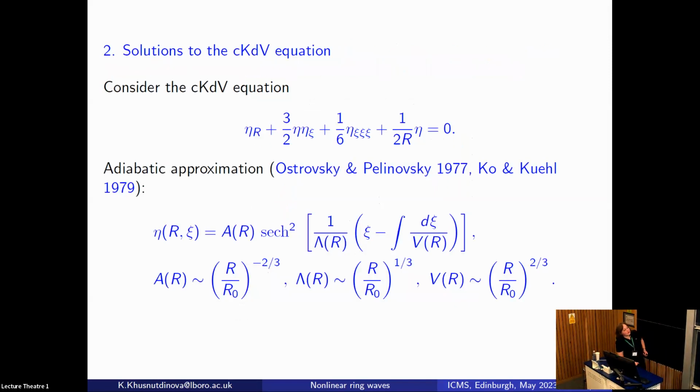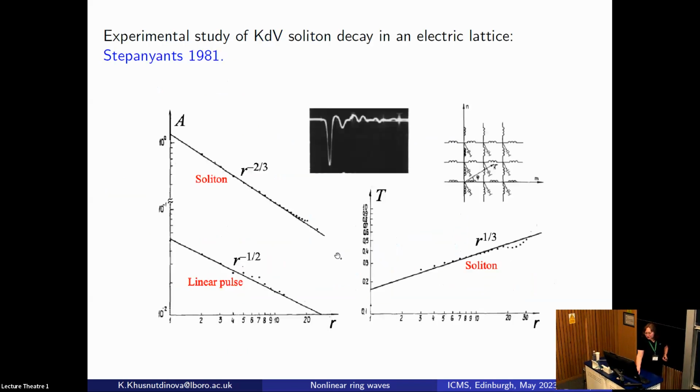So now to CKDV. What is known for CKDV? For CKDV, there is an adiabatic approximation, developed by Ostrovsky, Pelinovsky, and Ho and Kuel, where this cylindrical divergence term essentially is treated as a small perturbation, and this gives, for example, this prediction for the amplitude, minus 2/3.